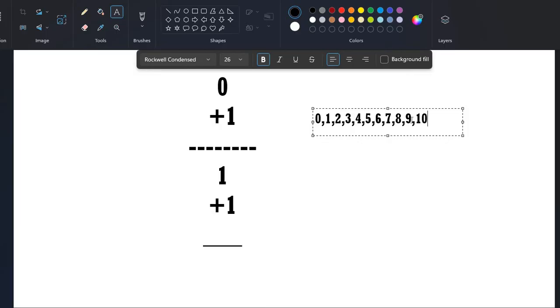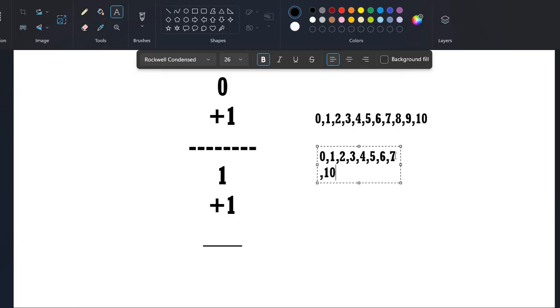We write 10, right? Similarly, in the case of octal numbers, what do we write? 0, 1, 2, 3, 4, 5, 6, 7. Until 7, all the digits in the octal number system are over. And after the symbols are over, what do we write? We write 10.